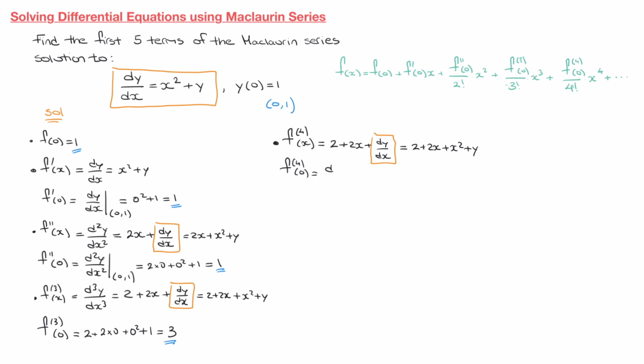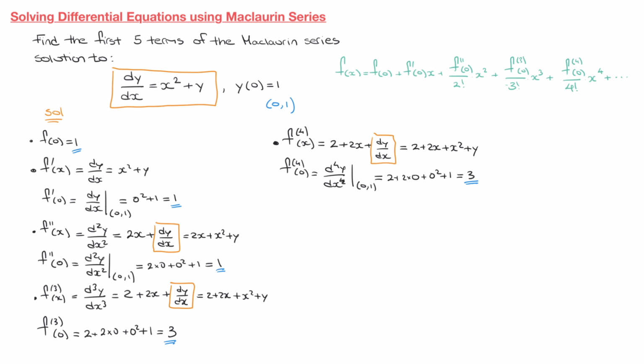So that's the fourth derivative, evaluated at the point with coordinates 0, 1, which leads to 2 plus 2 times 0 plus 0 squared plus 1, which is equal to 3. And that's the fourth derivative evaluated at 0 taken care of. Of course, if need be, we could carry on this way. But since we were told to find the first 5 terms, we can stop there since indeed we have 1, 2, 3, 4, 5 non-zero coefficients.